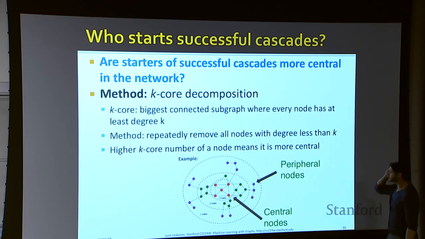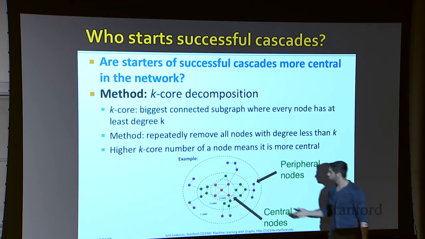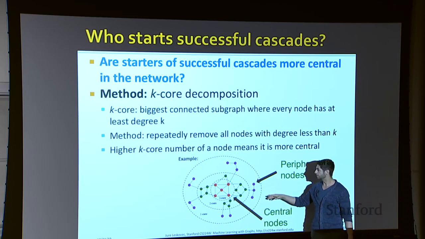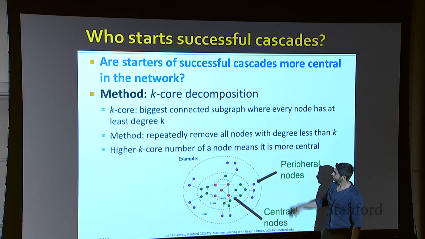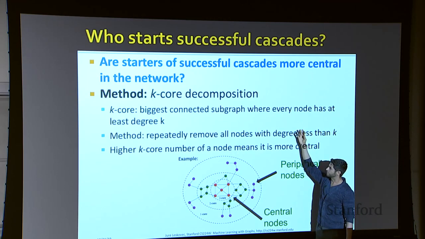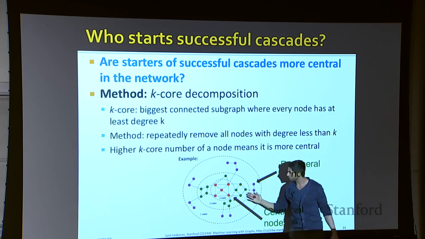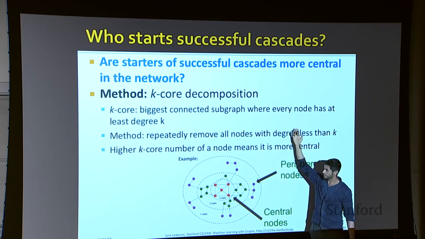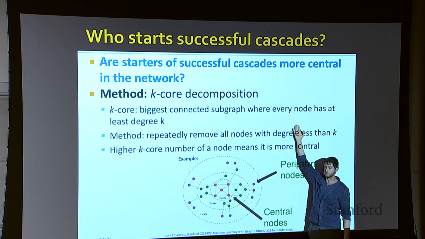First we go through the definition. It's the biggest connected subgraph where every node has at least degree k. But the way in which we do this K-core decomposition is incremental. If you didn't pay too much attention to that definition, you might think, why isn't this exactly the degree distribution?